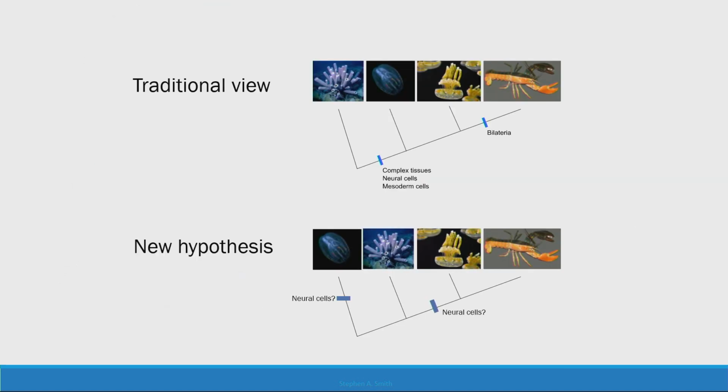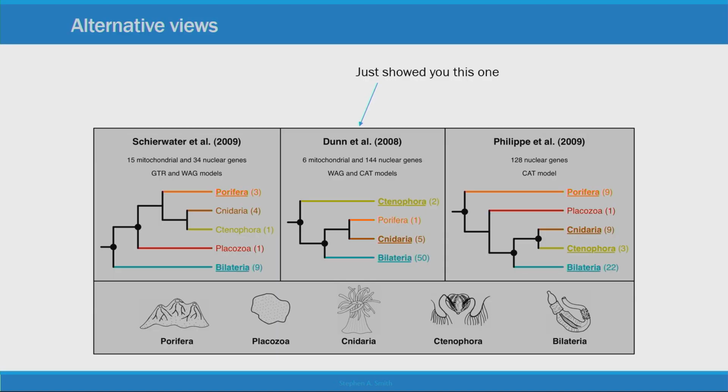So we moved from this traditional view, where the evolution of complex tissues, neural cells, and mesoderm cells all happened at one period in time, to this new hypothesis where actually ctenophores may have evolved neural cells twice, or Metazoa may have evolved them twice, ctenophores by themselves and then bilateria and jellies. So this has major implications. Now, if you were wondering, coming to this talk, what could cause a fist fight between a bunch of biologists, this is the question.